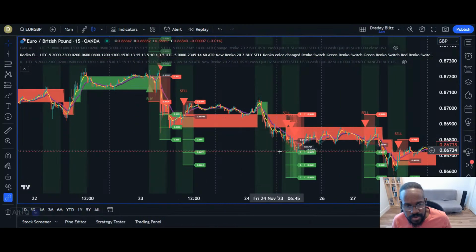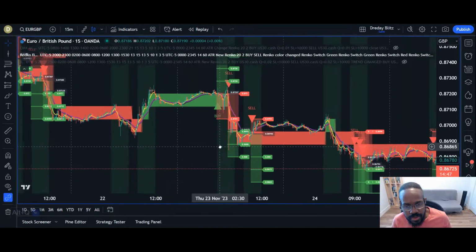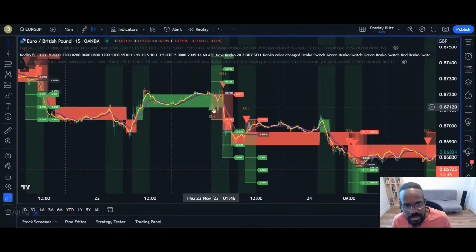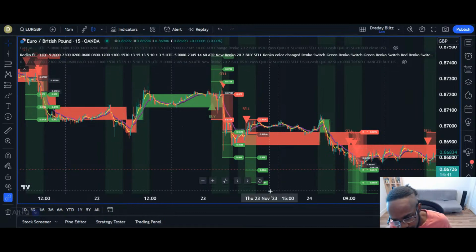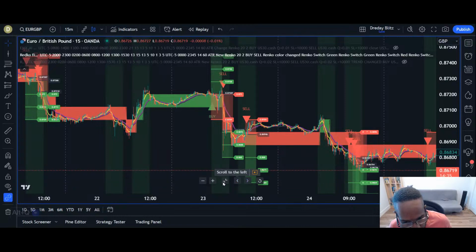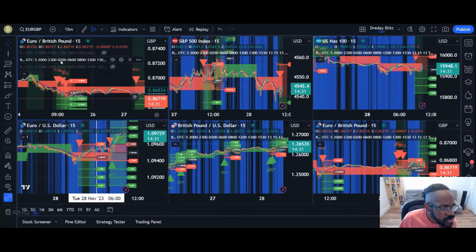This is the settings for Euro GBP. Okay, so let me go back. I'm just gonna make sure that I'm on the right one. Yeah, Euro GBP. So that's what I thought.